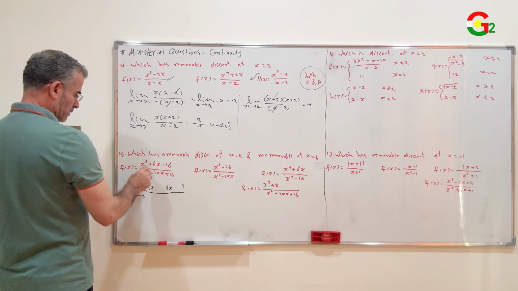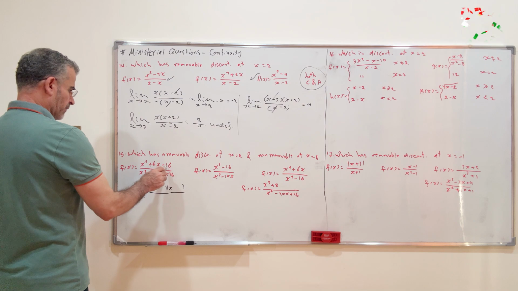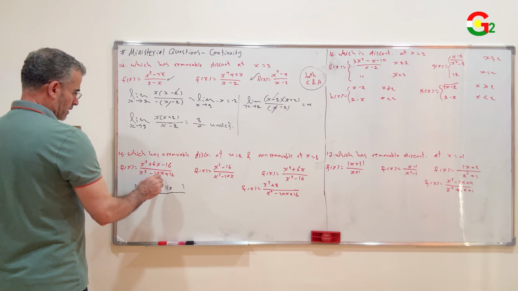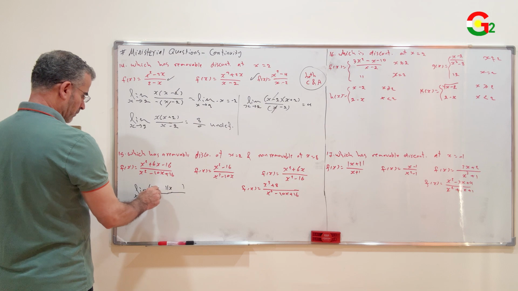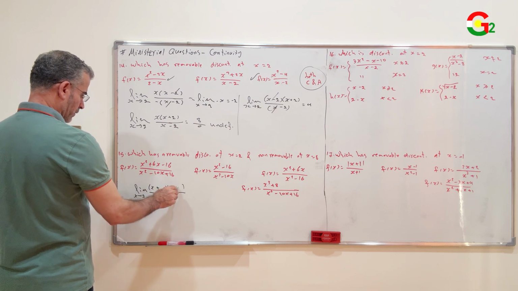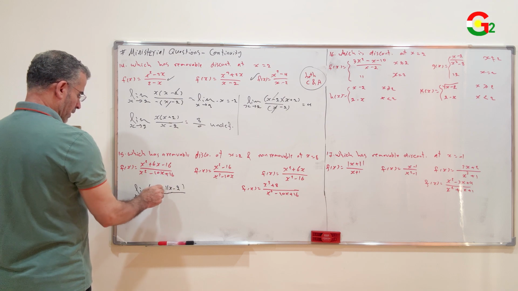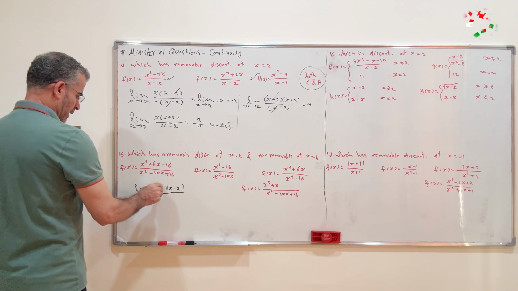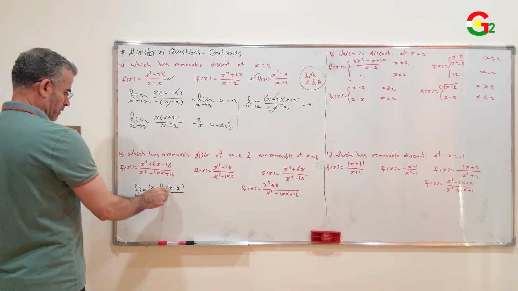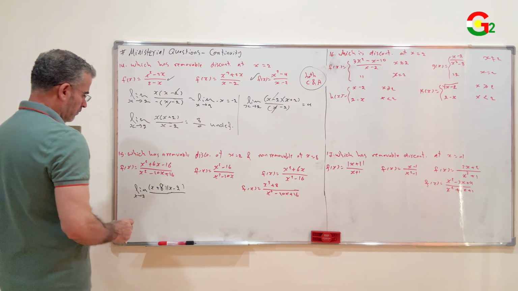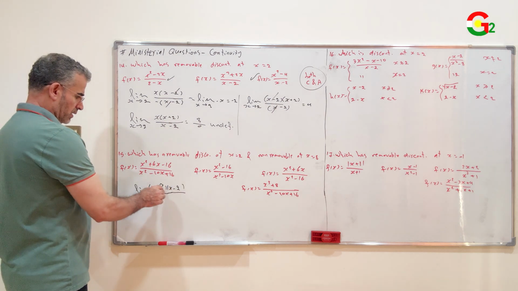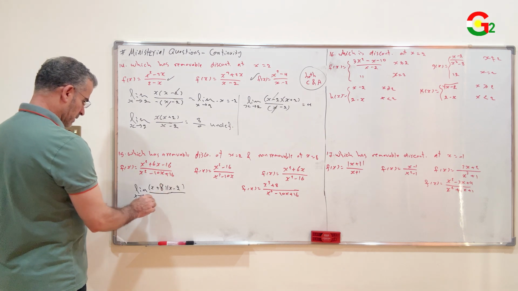If it is, 16, it is negative, positive, negative 2 and positive 8. X power 2, 8x minus 2x, 6x, 2 times negative 2 times 8, negative 16.